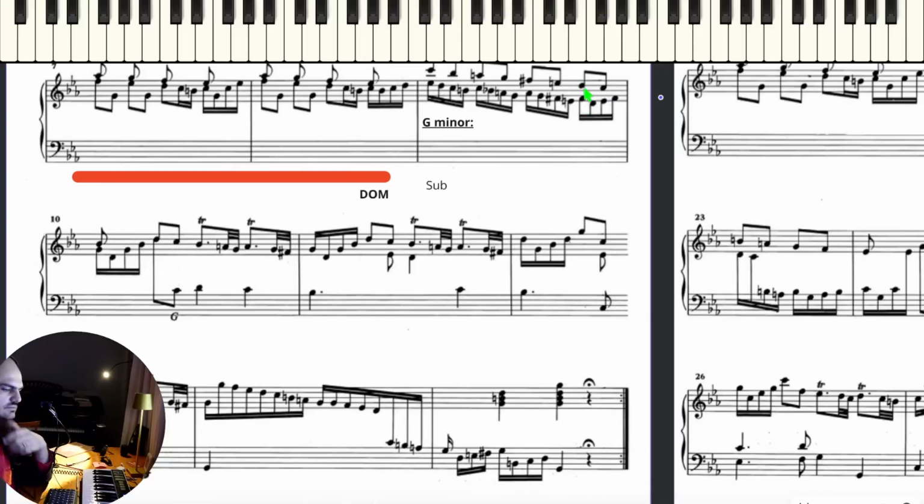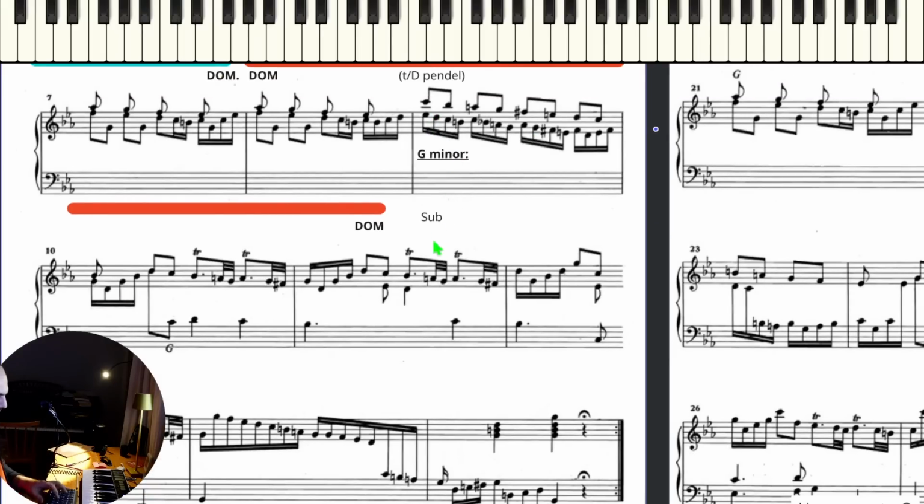So 7th, the 7th is descending, so it's the proper treatment of the dominant 7th, the 7th of the dominant. So here's the cadence, but it's not an ending. So from the harmonic point of view, we have a very clear cadence: subdominant, dominant, and then tonic. But it's not an ending.